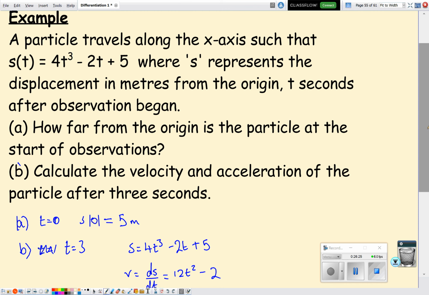So if you just remember that order, displacement, velocity, and acceleration, that gives you the calculus process as well. Displacement differentiates to velocity, differentiates to acceleration, and so long as you've got certain values of t, then you can work out the displacement, velocity, or acceleration at a given instant.